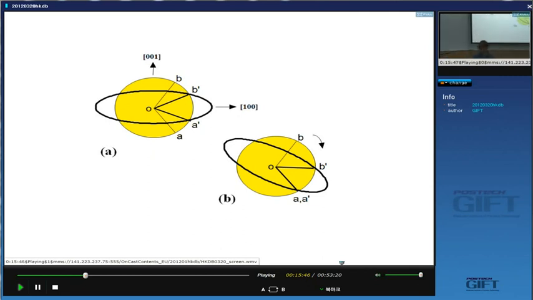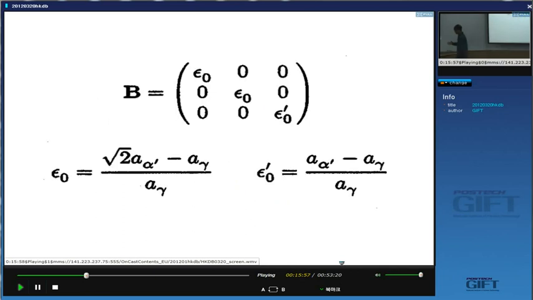Okay? Now, it's quite important that you understand that the orientation relationship is only a function of the lattice parameters, because a rigid body rotation doesn't alter any vector. It just alters the direction of the vector, it doesn't alter the magnitudes. And all I have here is the lattice parameters of the two crystals.